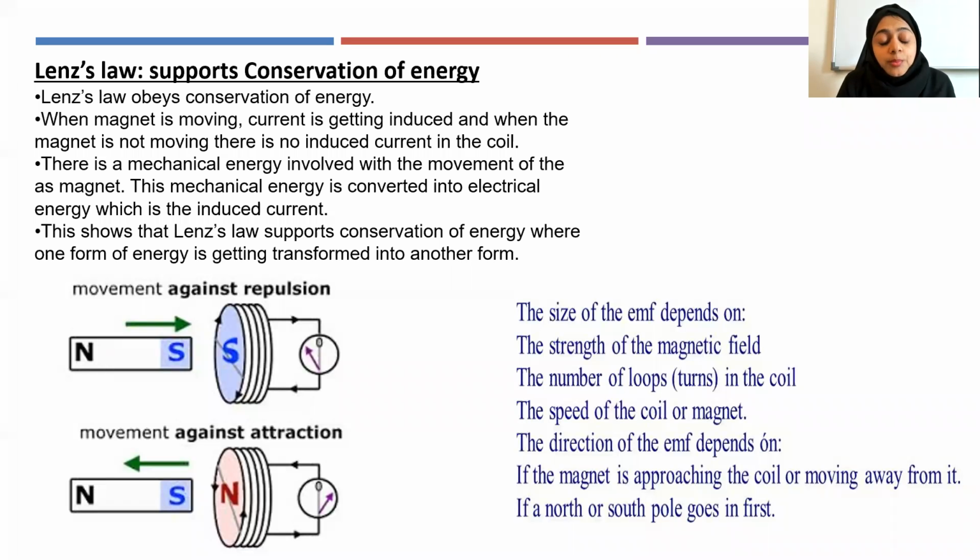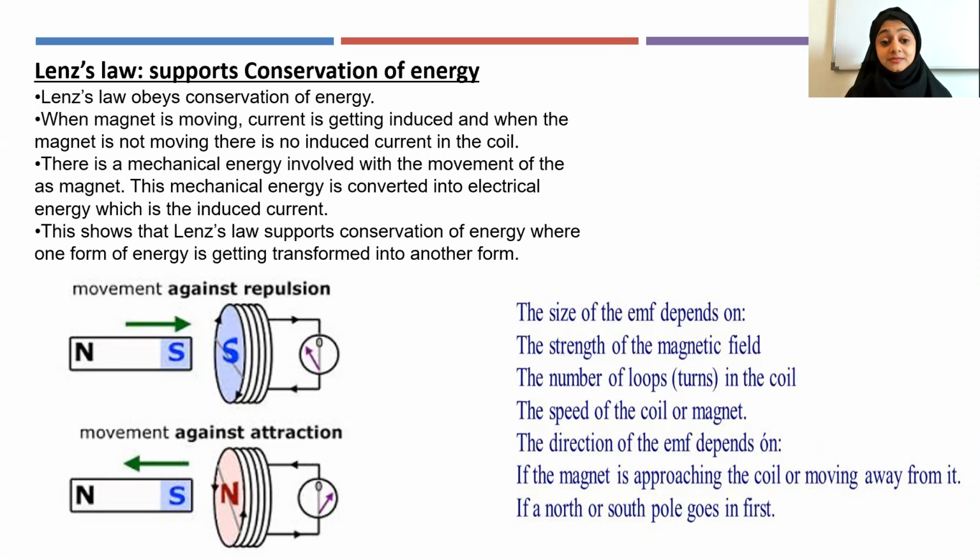Does it sound like opposing the law of electromagnetic induction put forward by Michael Faraday? Michael Faraday told that EMF, what is meant by EMF? The energy given to each coulomb of charge to move through the coil. It is produced, which means energy is created.